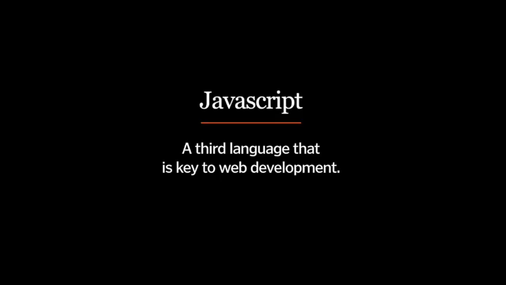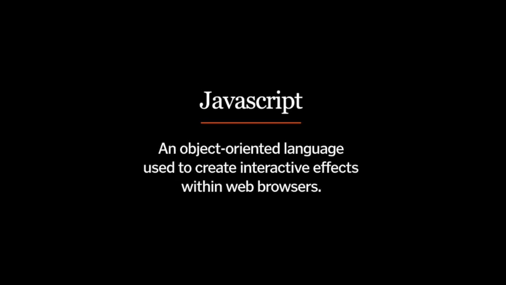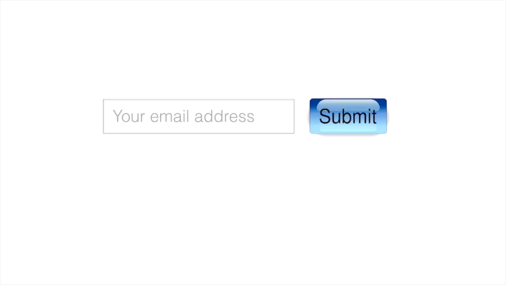A third language that we'll talk about is key to web development, and that is JavaScript. JavaScript is an object-oriented language used to create interactive effects within web browsers. Things like a button that you'll push to submit an answer, being able to type in your email address in a box, anything that makes the website interactive is JavaScript.